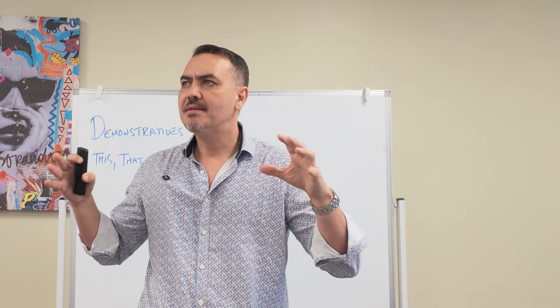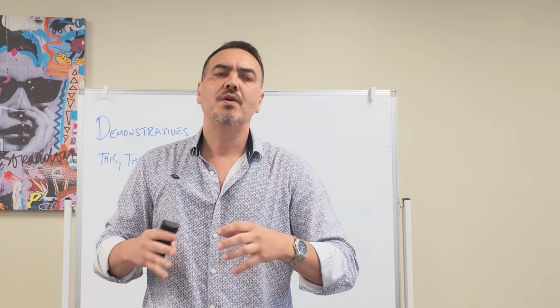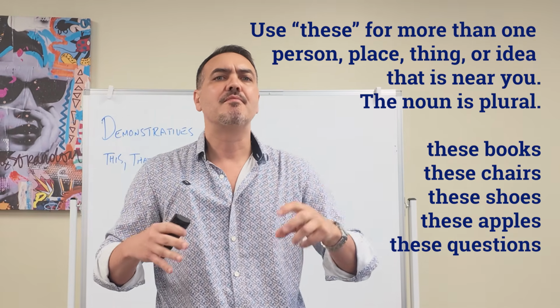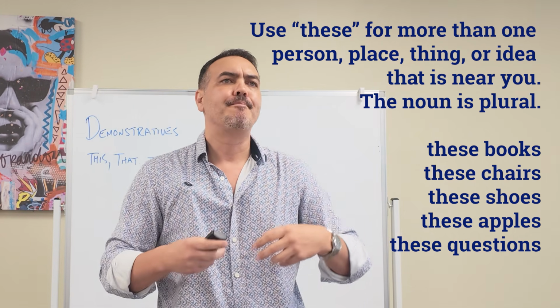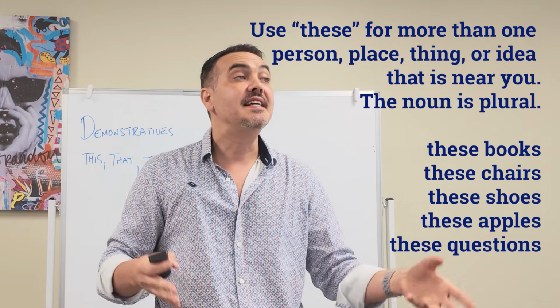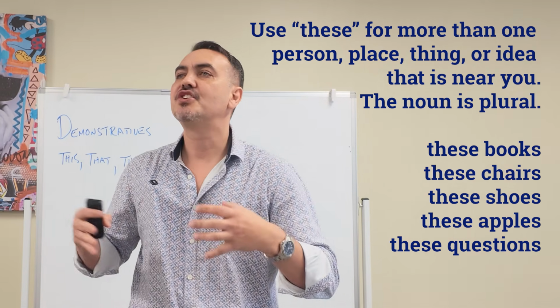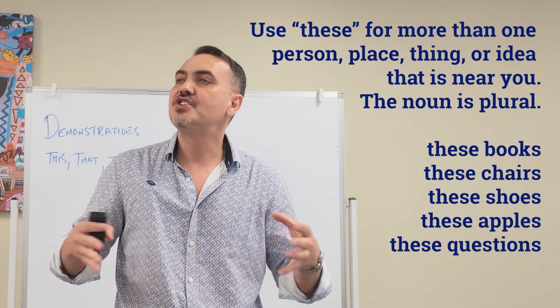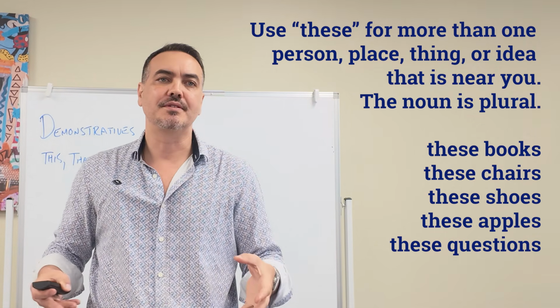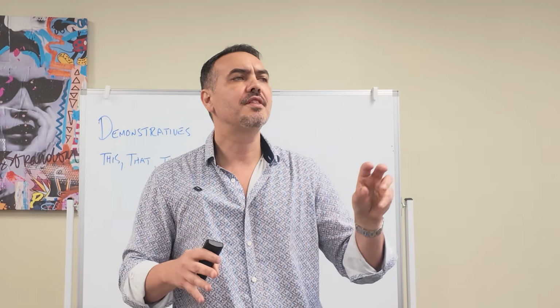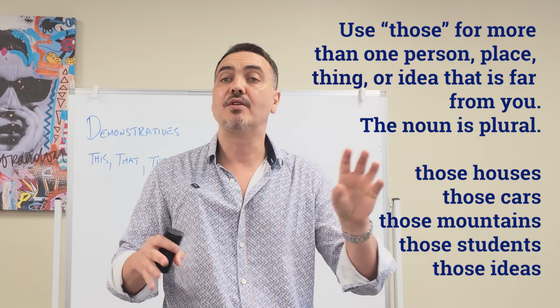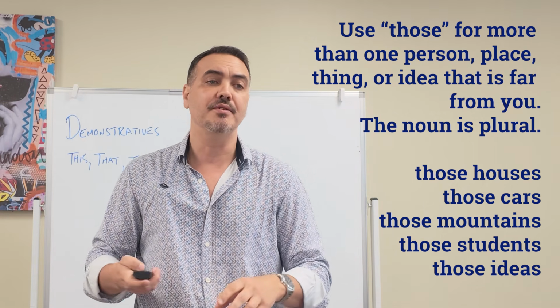Now, when we're talking about plural nouns, you want to use the word these for more than one thing near you, okay? For example, these books, these chairs, these shoes, or these apples, okay? And you want to use the word those for more than one person, place, thing, or idea that is far from you.